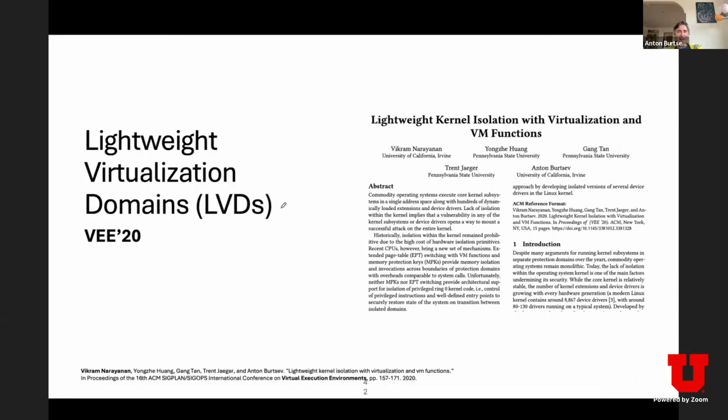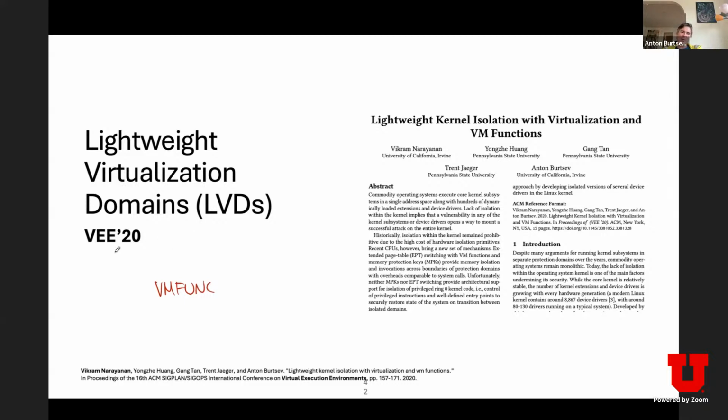That's why we built the second isolation boundary, structured around extended page table switching. This extended page table switching, or VM func mechanism, so it's VM functions, allows you to create nested page tables and switch between them reasonably fast, right?